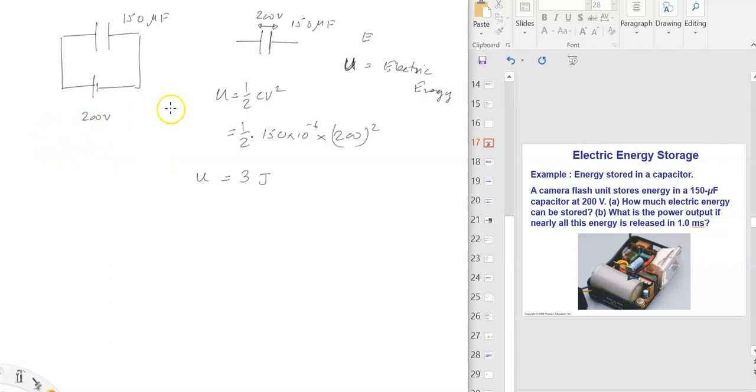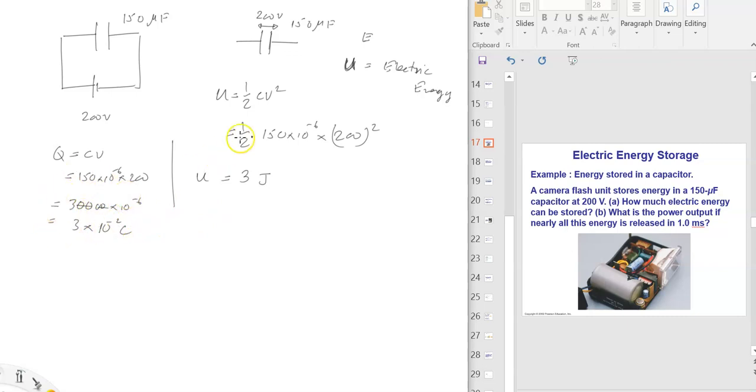Just to see the use of other equations, we can find the total charge stored in it, Q equals CV. So that will be 150 times 10 to the negative 6 times 200. So we have 150 times 200, that's 30,000, times 10 to the negative 6, which gives 3 times 10 to the negative 2 coulombs. That's the charge.